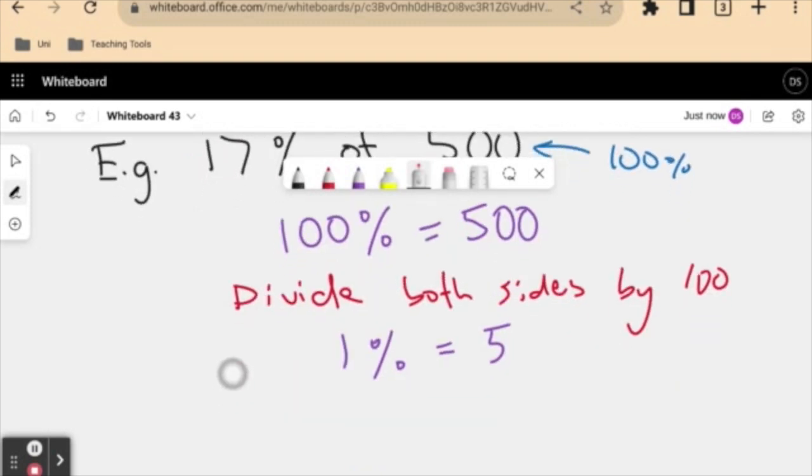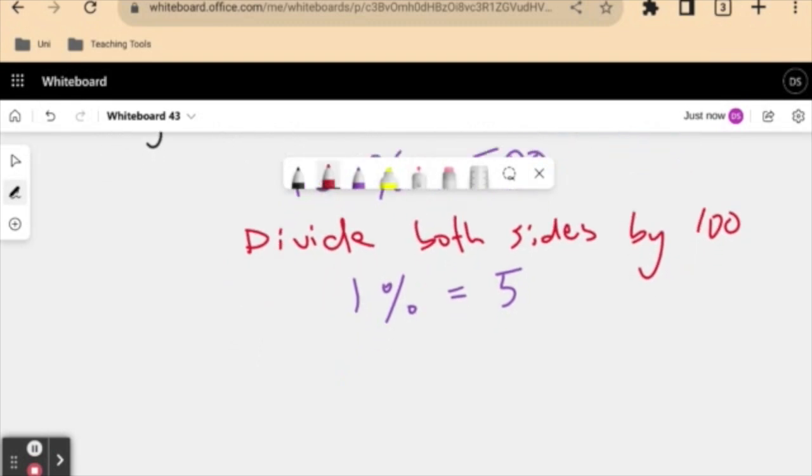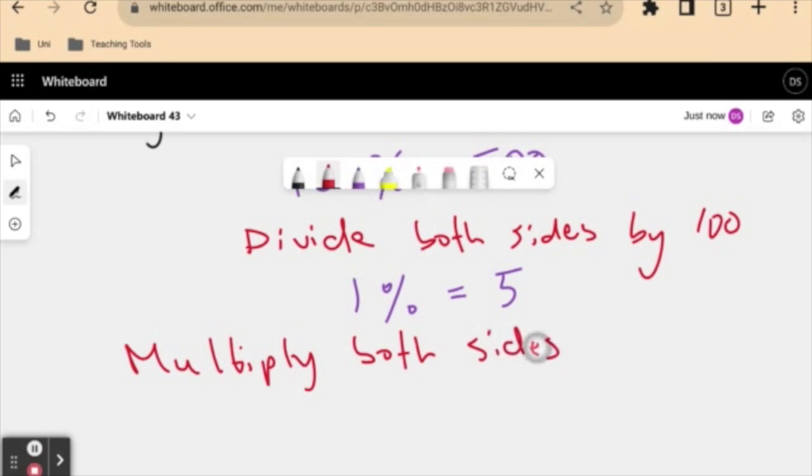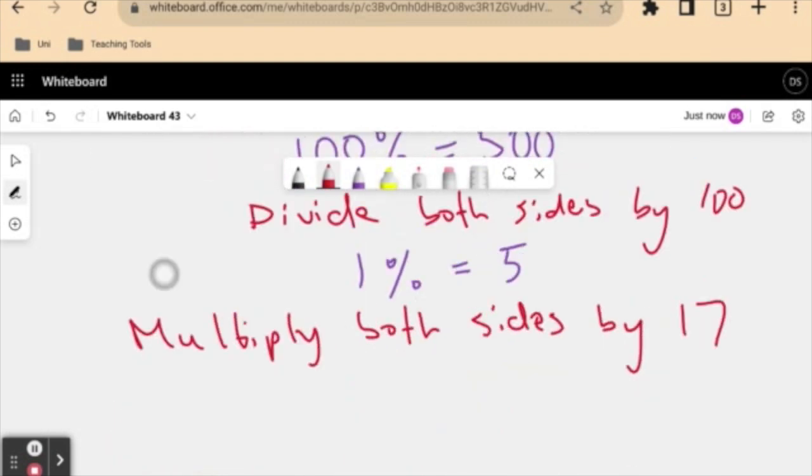And now that we have our 1%, we can multiply both sides by 17, because 1 can be brought to any number by just multiplying by that number.